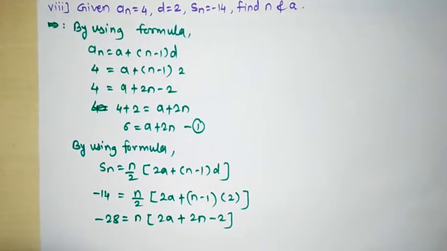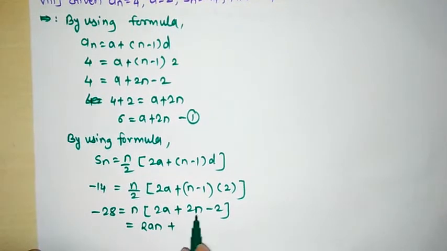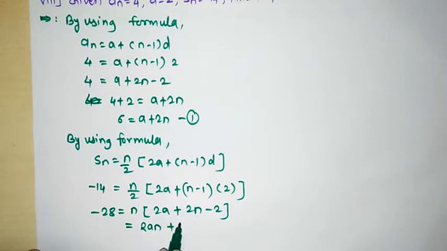Now we will open the bracket. n into 2a is 2an, plus n into 2n is 2n square, minus 2 into n, that is 2n, is equal to minus 28. We got this here.